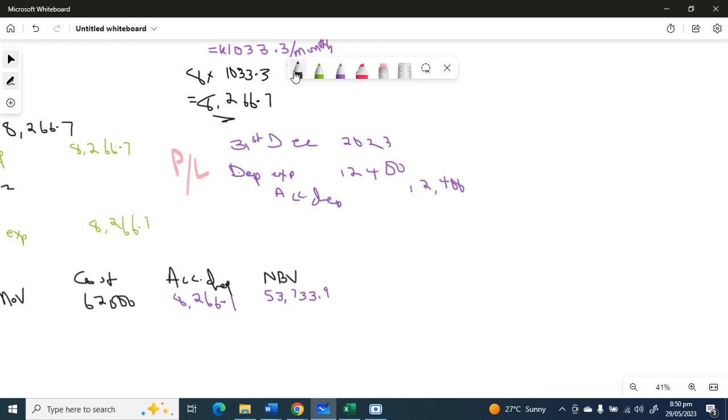Because if you remember, the T account for accumulated depreciation, in year one, which is 2022, we credited 8,266.7. That's year one. Year two, we're crediting 12,400.